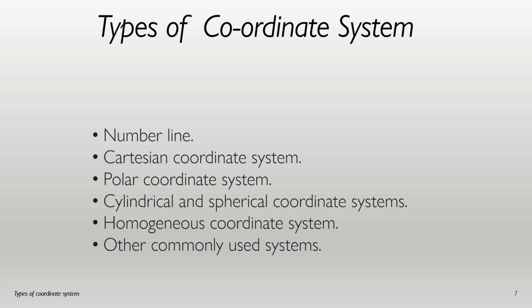Here we have some well-defined and commonly used coordinate systems like number line, Cartesian coordinate system, polar coordinate system, cylindrical and spherical coordinate systems, homogeneous coordinate system, and other commonly used coordinate systems like curvilinear coordinate systems, etc. We will discuss those coordinate systems in a successive way. At first, we will discuss the number line.